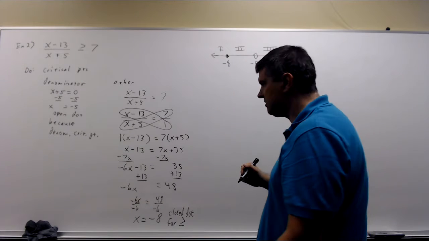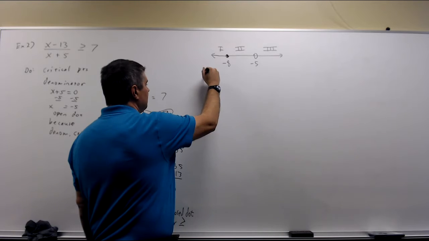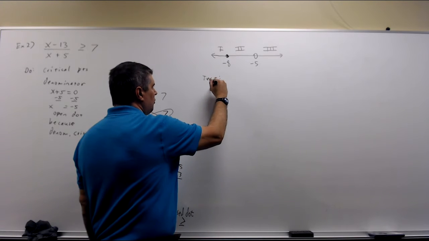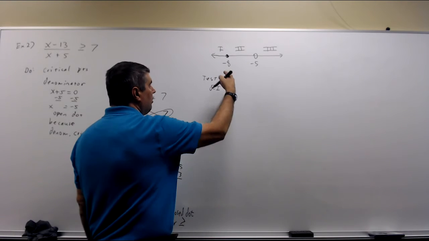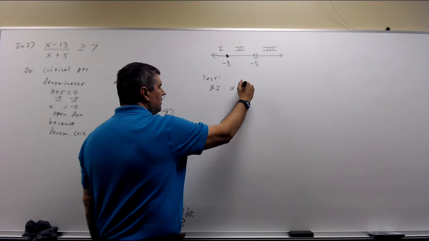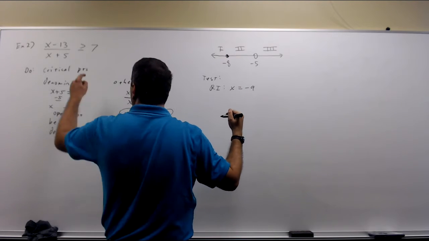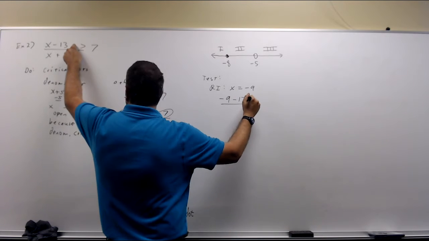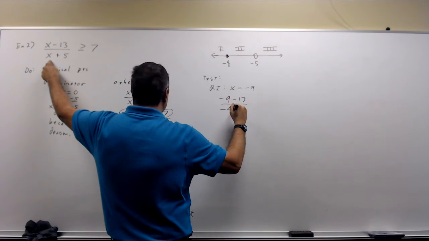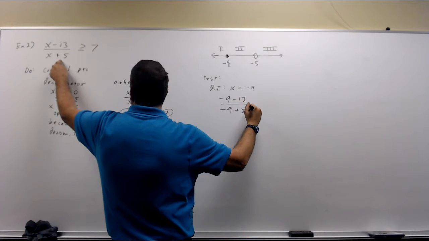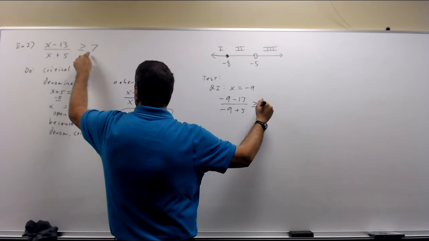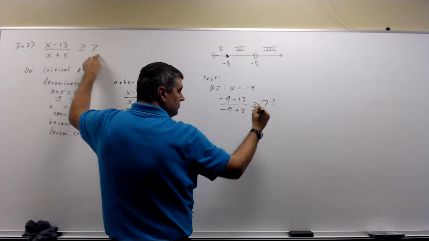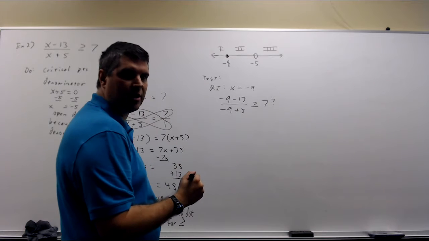And it's time to test the regions. So for region 1, I'll let x equal -9. So I want to know if (-9 minus 13) over (-9 plus 5) is greater than or equal to 7. That's what I'm trying to find out.